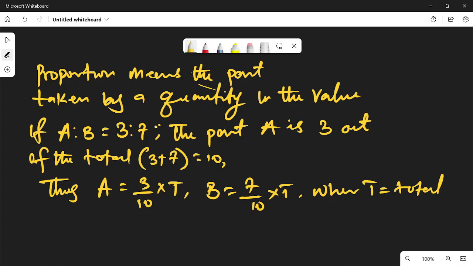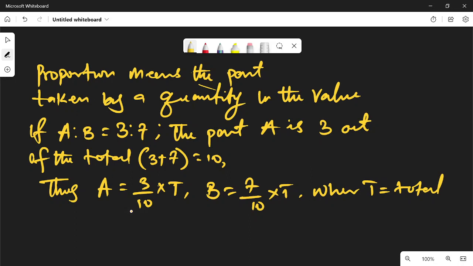For example, if I have 10 something, and A and B are in ratio 3:7, the part that A is taking out of the total of 10 is going to be 3, and the part that B is taking is going to be 7.